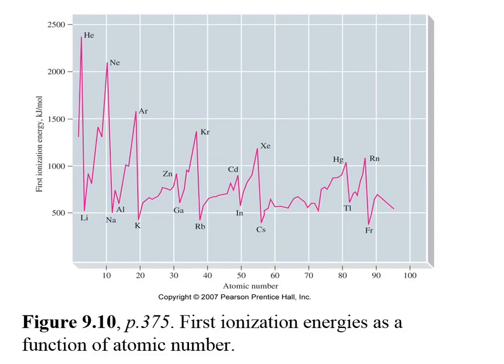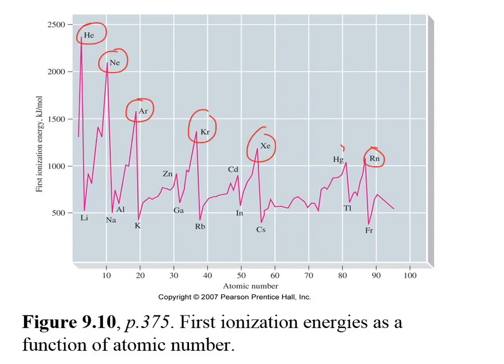So this is ionization energy by period. You see it goes along and ends with the rare gas. How hard is it to kick off an electron of helium? Neon, argon? Well, pretty hard. Those are your rare gases.